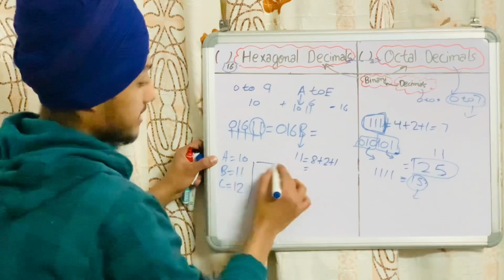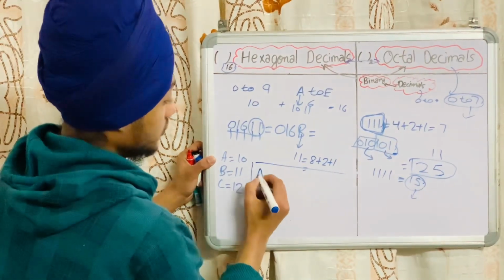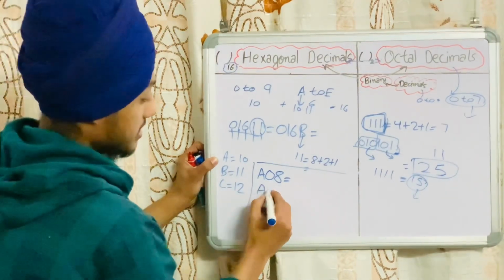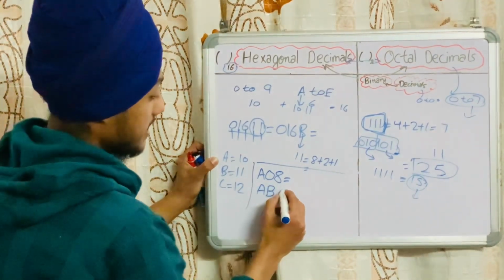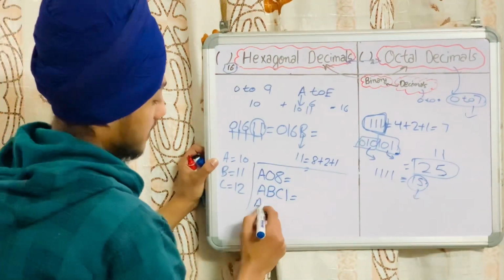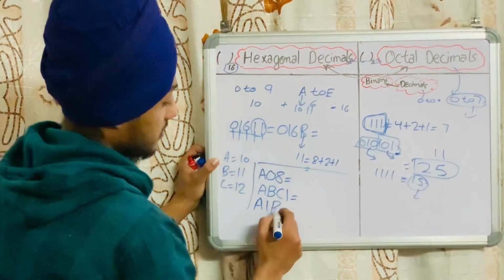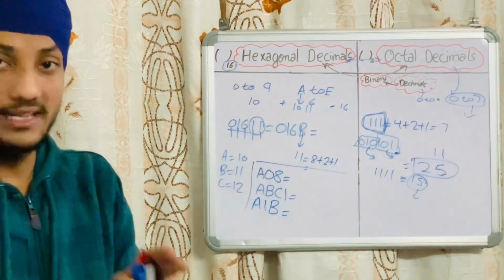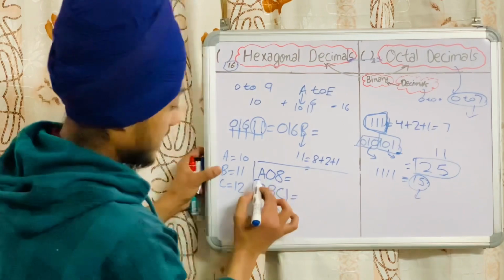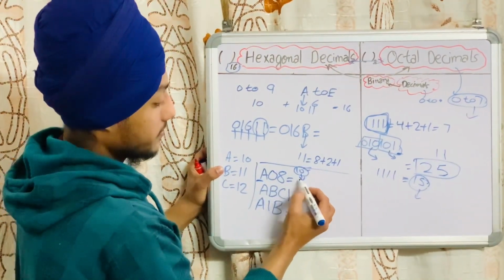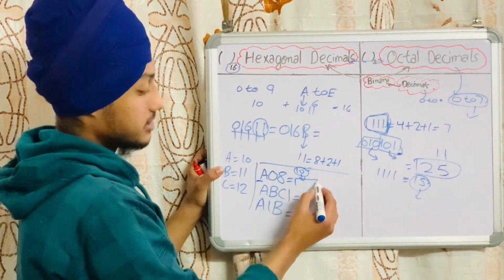So let's take an example, 108. Okay. Let's take another example, 1, A, B, C, and 1. So we are going to convert first of all it into binary. Then what is A? A is 10. What do we write for 10 in binary?